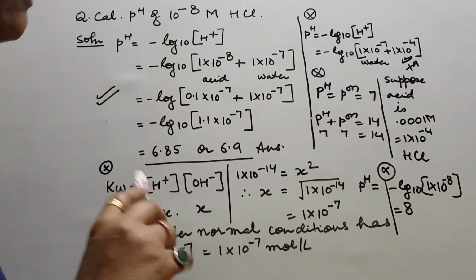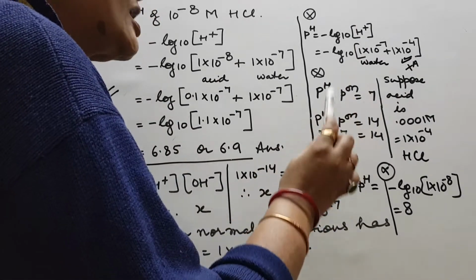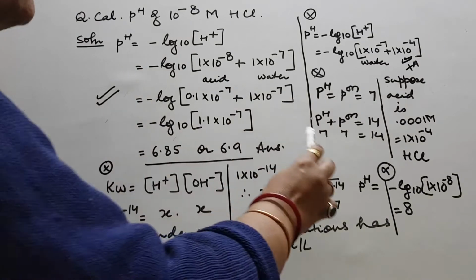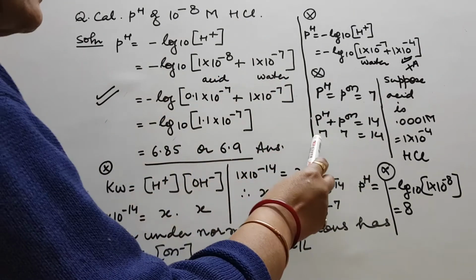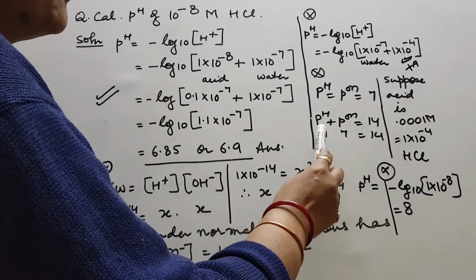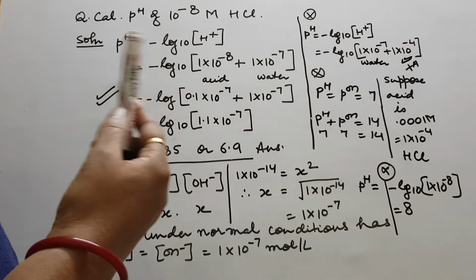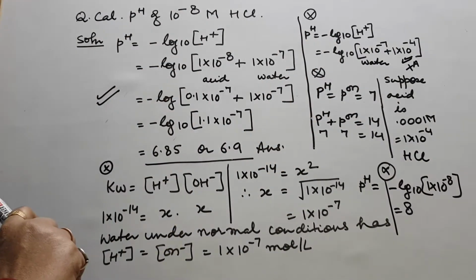That also we had seen, because for any solution, pH plus pOH always remains equal to 14. In water they both are 7. Otherwise, suppose pH was 5, so 5 plus X is equal to 14. Accordingly, you can say pOH will be 9. And likewise, you have done questions also based on that.